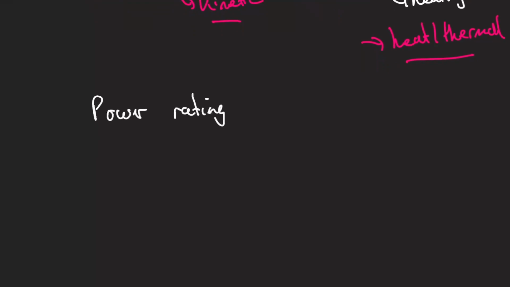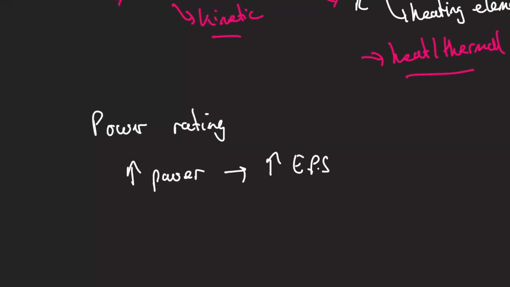So if you have a really high power toaster, you're transferring more energy per second, and so you can transfer more heat energy in a shorter amount of time. Your toast might be done a lot quicker with a higher power rated toaster. And like we said before, if you wanted to calculate that, you could use your equation P equals IV again.